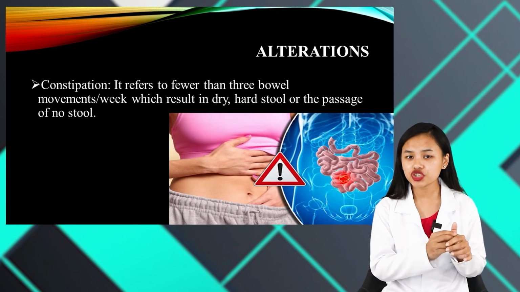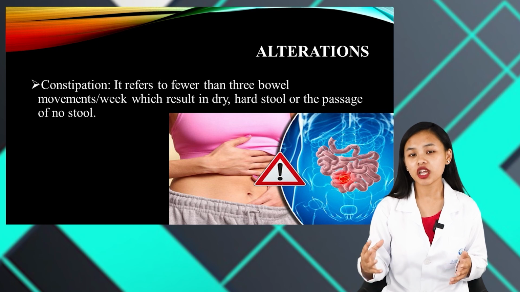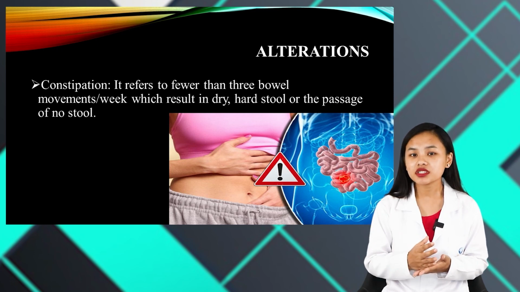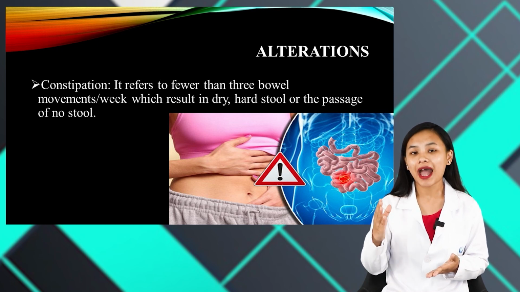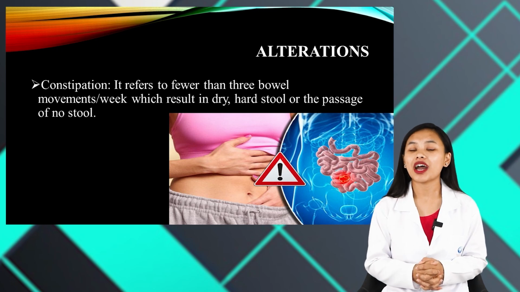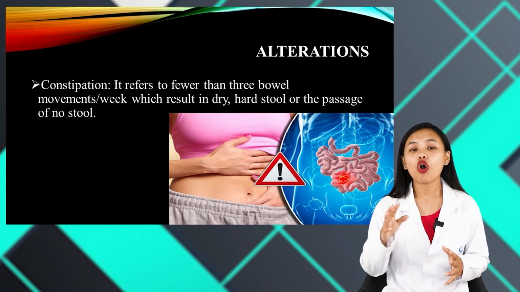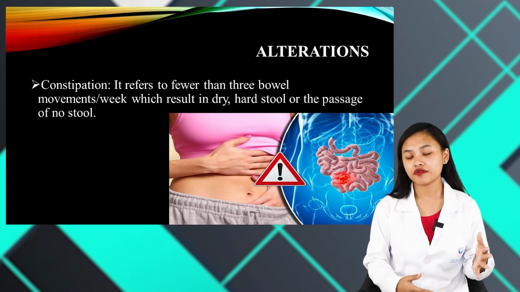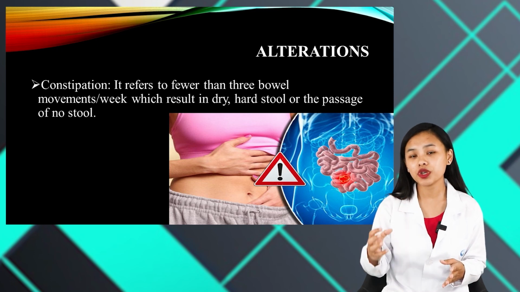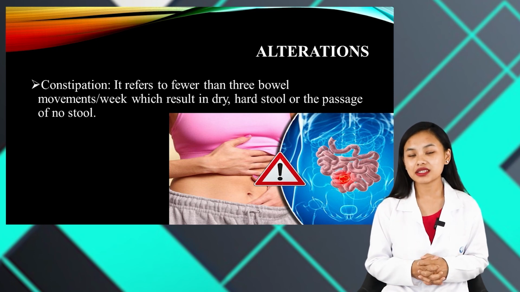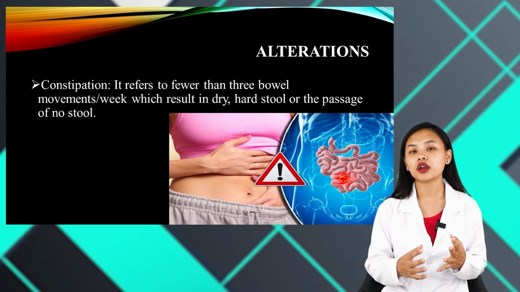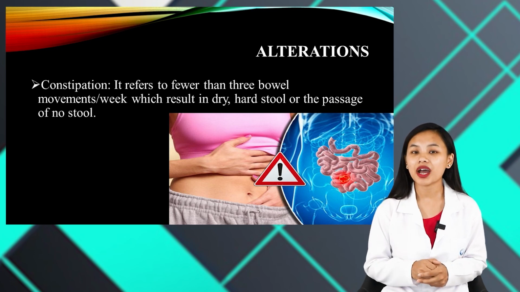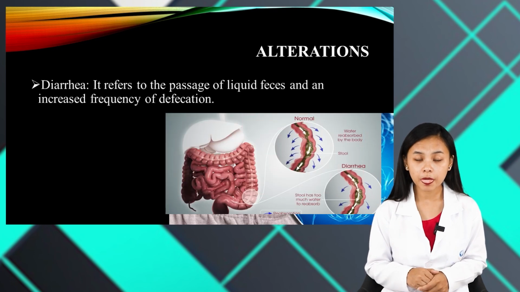So, constipation is a condition in which a person will be having fewer than 3 times of defecation in a week, which can result in a dry, hard, or even no passage of stool.